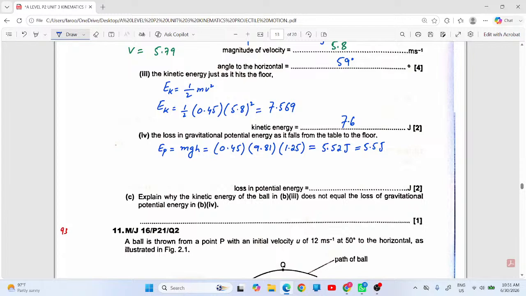आंसर देखो इसका क्या है. Question number 10, 5.5.